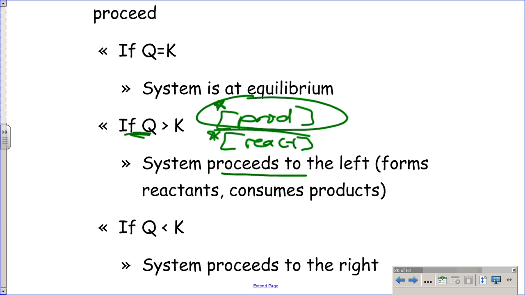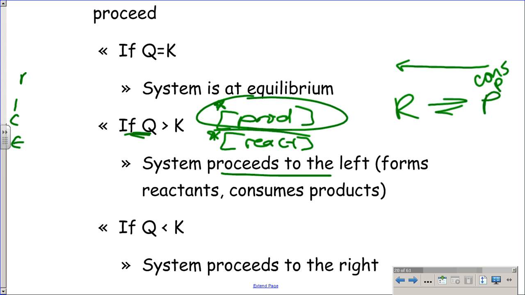So the system proceeds to the left because you have your reactants, you have your products. In order to consume products, you have to go in the reverse direction. So you're going to be proceeding left. What does that mean for us on this ice table? I'm going to draw an ice table here. So if you have a number here and a number here and you're going to be proceeding left, it means you're going to subtract x or some number from the product side and you're adding it to the reactants.